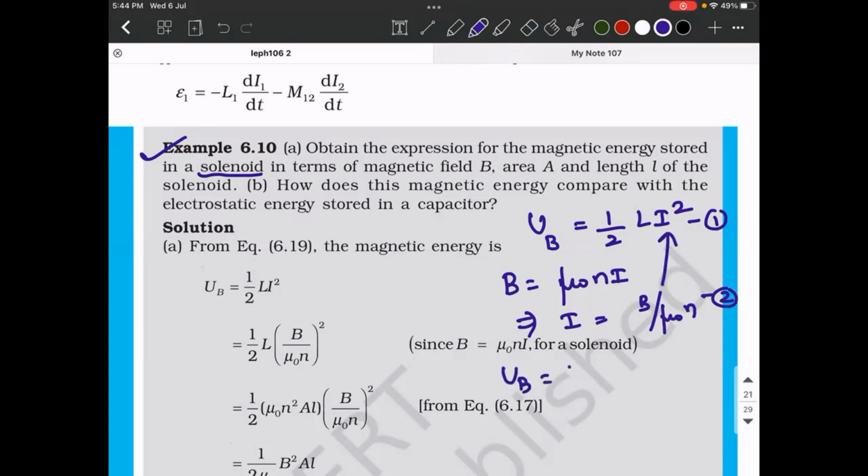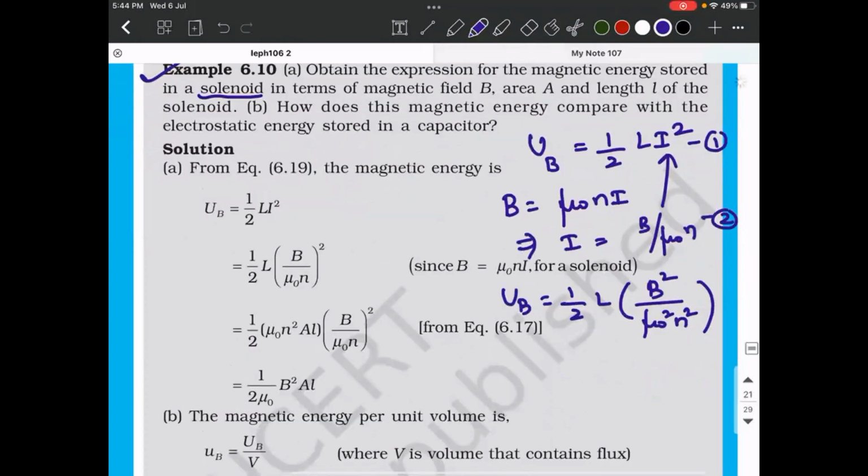So U_B will be equal to half into L into I square, which is B square divided by mu naught square n square. Is the point clear?